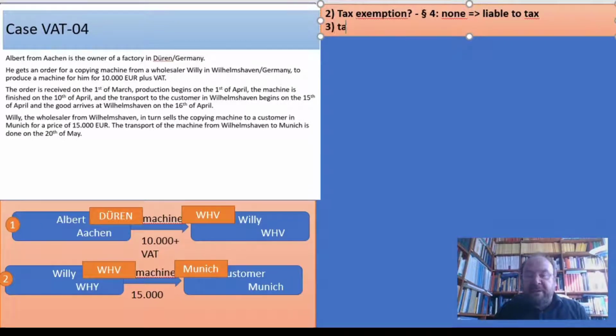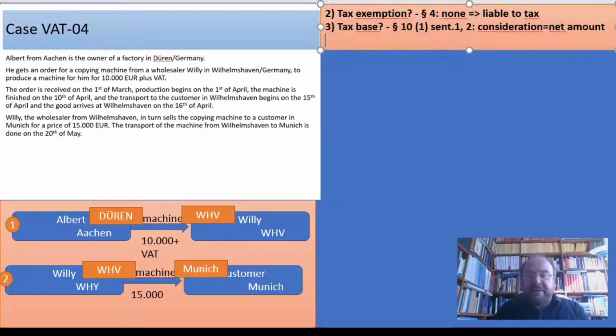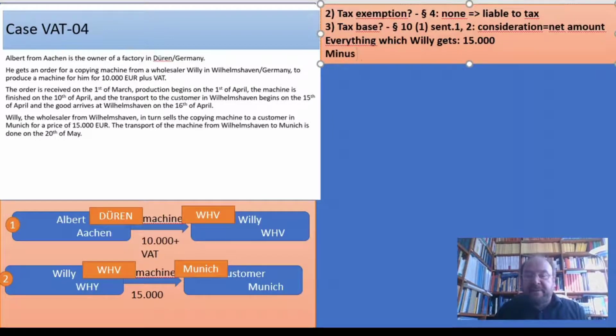If you have to pay now, you need a tax base. The tax base under § 10.1, sentences 1 and 2, is the consideration or net amount. And the net amount is everything which Willie gets. That's 15,000 minus VAT included therein, that is 19% out of 119%, because what is really paid is the gross amount, and so that's 119%.